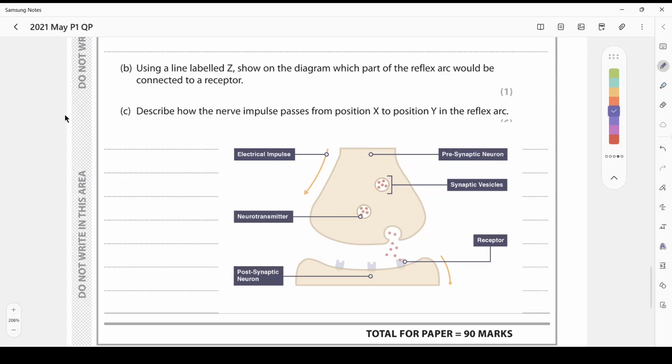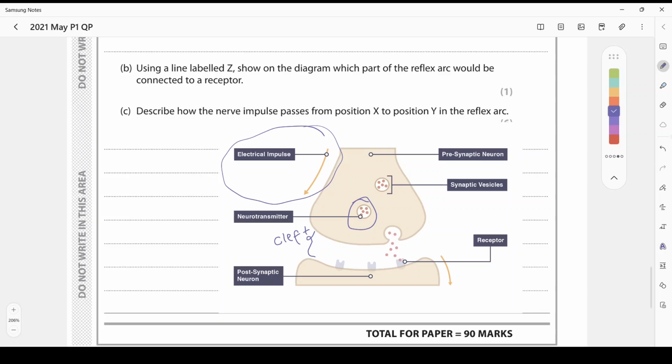So what happens here is you've got an electrical impulse that travels down the axon and finally arrives at the synapse. And this causes the neurotransmitters that are inside of the vesicles to release the neurotransmitter into this part here, which we call the synaptic cleft.